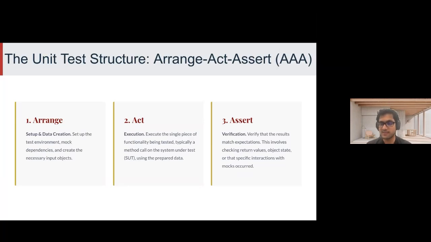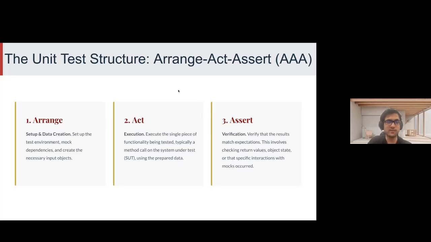And the last is the assert section, where we verify that the act section performed as expected. This involves checking return values, object state, mock interactions, and all the other typical ways of making sure that your system under test is behaving the way it should.